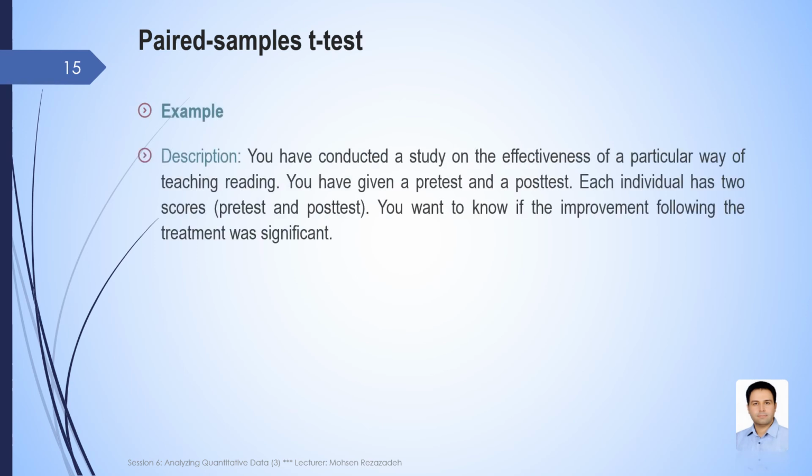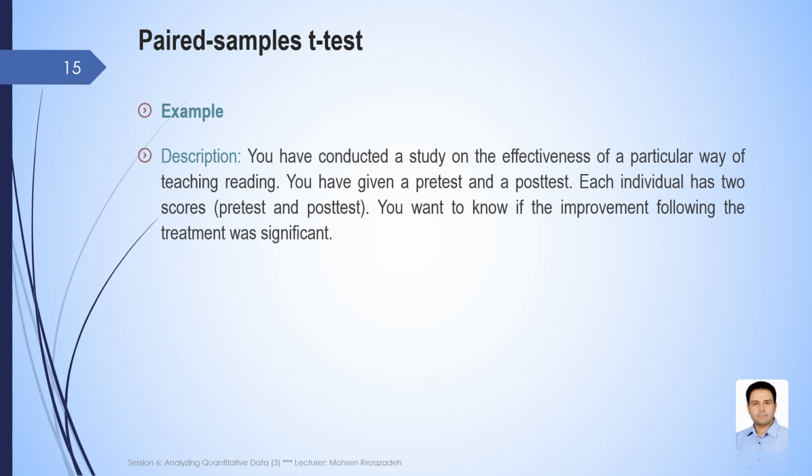You have conducted a study on the effectiveness of a particular way of teaching reading. You have given a pre-test and a post-test. Each individual has 2 scores, a pre-test and a post-test. You want to know if the improvement following the treatment was significant or not.